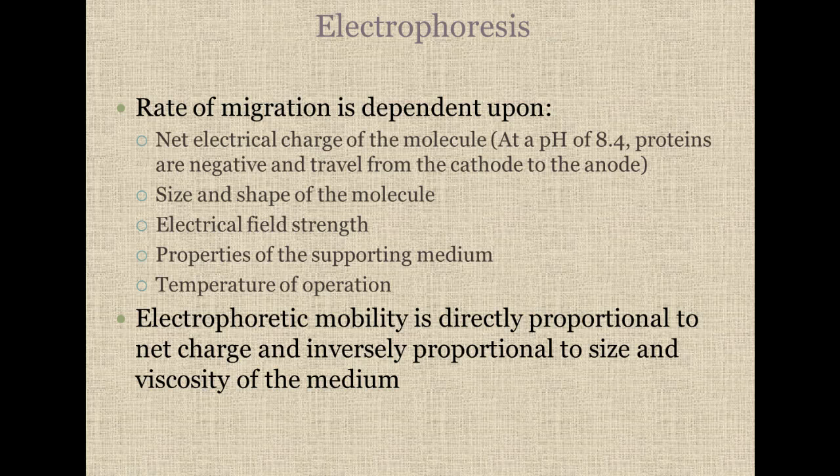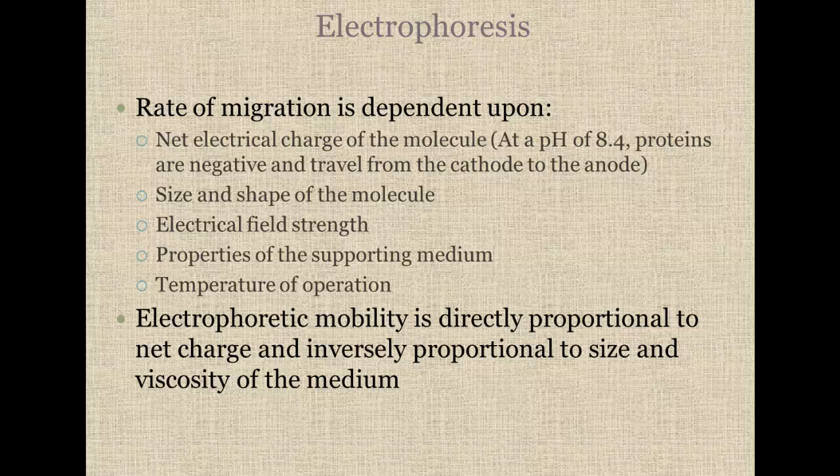The rate of migration in electrophoresis is dependent on a few things. The net electrical charge of the molecule, usually at a pH of 8.4, proteins are negative and travel from the cathode to the anode. The size and shape of the molecule. Some proteins are really big and they can only travel so far. Some are really small and travel really fast. The electrical field strength is important.